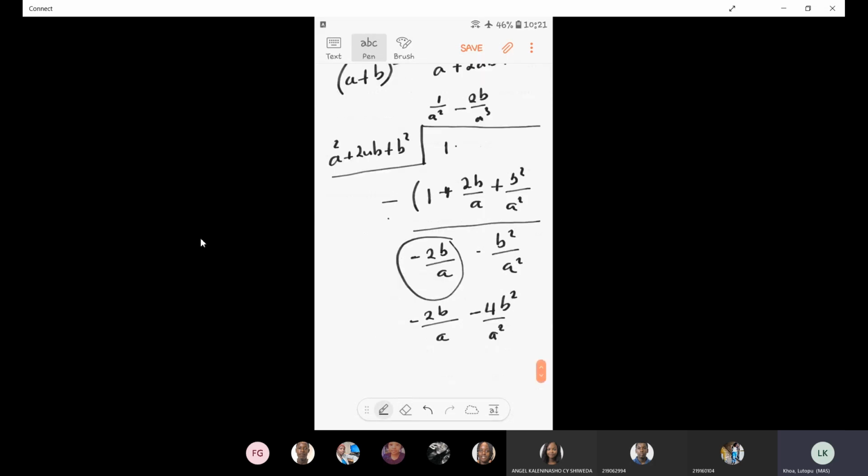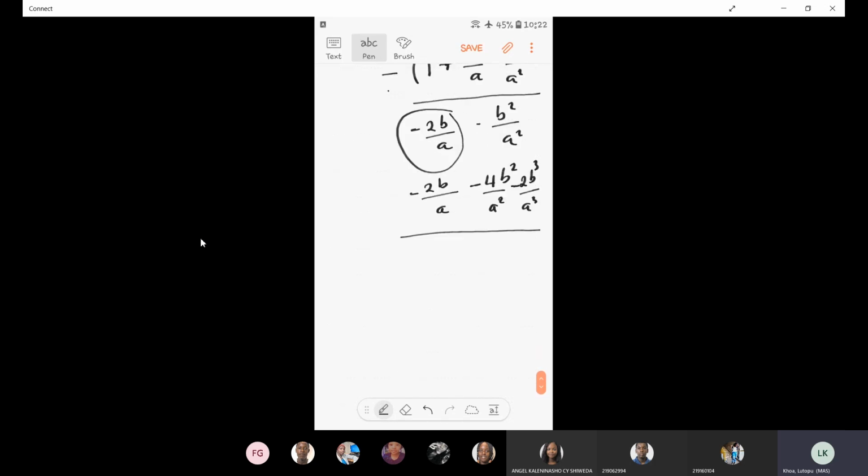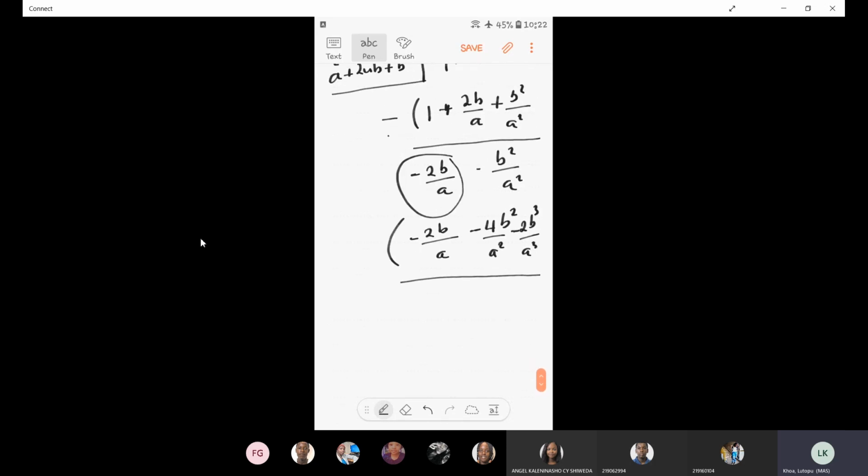So this is b squared. And then the same thing with b squared multiplying with this term. So it'll be 2. The b squared times the b is b to the power of 3. And then this will be over a to the power of 3. So it's still negative 2b cubed over a cubed, like that. And then you do the subtraction again. Okay.